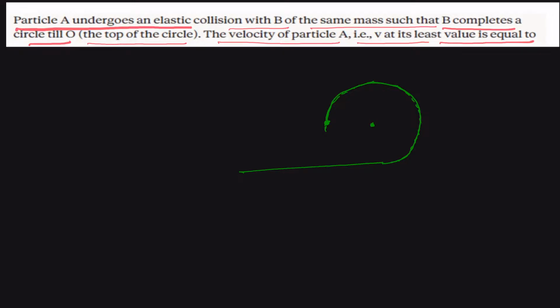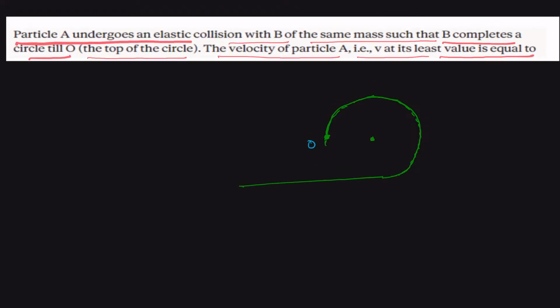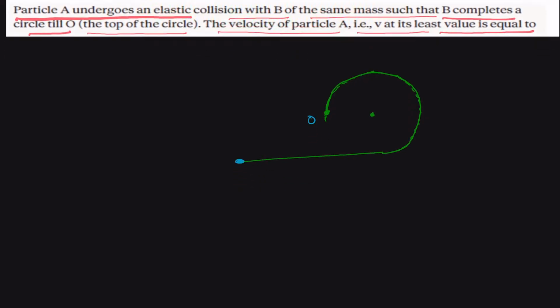This is point O, and this is our mass B, and here it is mass M. If we draw a vertical line here, it is like a pendulum. This is mass A, moving in this direction with velocity V, and the mass is the same, and this angle is given as 60 degrees.